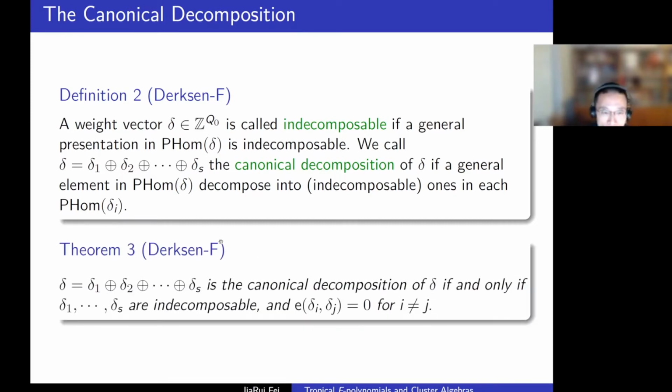A result proved more than 10 years ago is that this is a canonical decomposition if and only if the virtual E-invariants, the dimension of the big E, vanish for i not equal to j. This is the representation theoretic meaning for the vanishing of this E_ij.